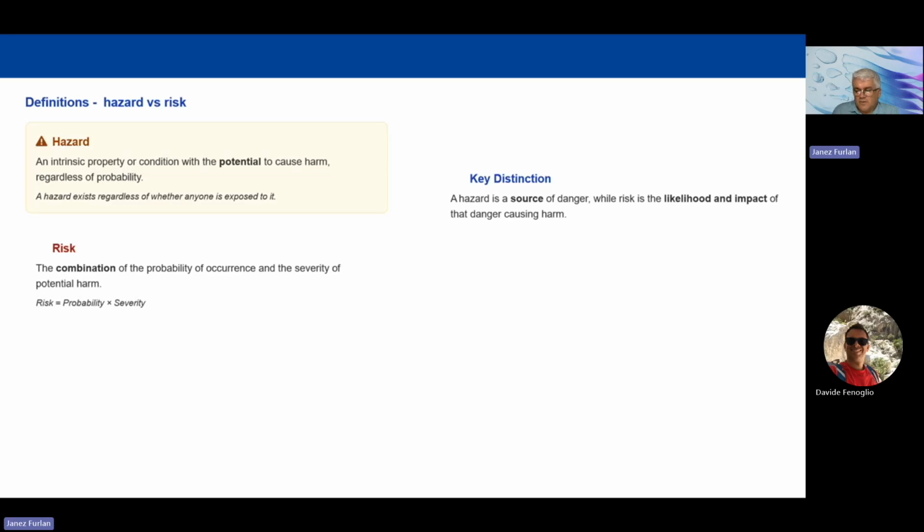However, risk is a combination of the probability that the harm will actually happen and the severity of such harm. Expressed mathematically, risk equals the multiplication of probability and severity factor associated with a specific risky situation, which will define the level of risk.